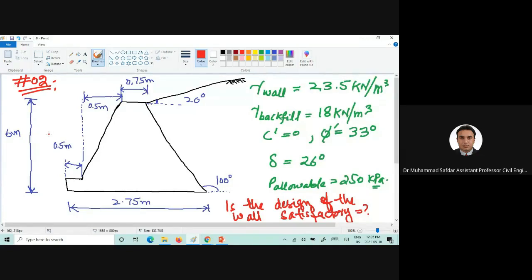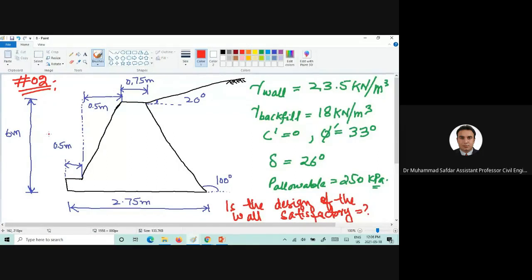Please note down these details: the unit weight of the wall, the unit weight of the backfill, shear strength parameter information, delta or the wall friction information.